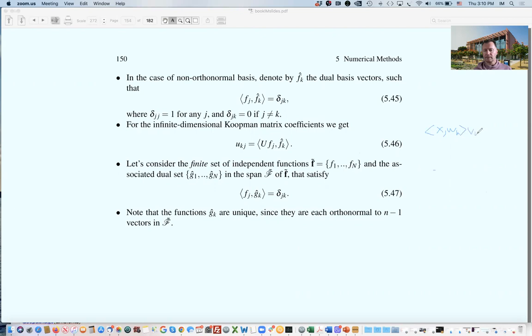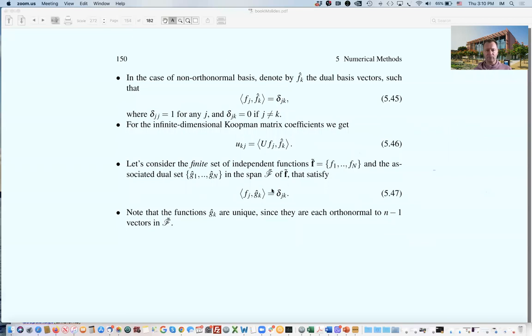This was a projection on the kth basis element using the dual vector w_k. Something very similar here. The coefficient itself is the inner product between the function here and the dual element. All right, this is how we get the coefficients.